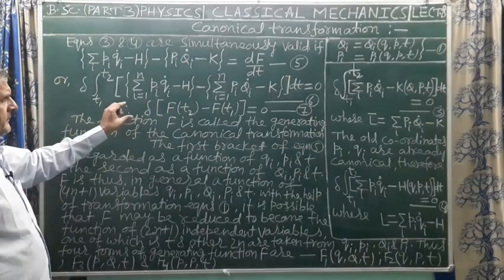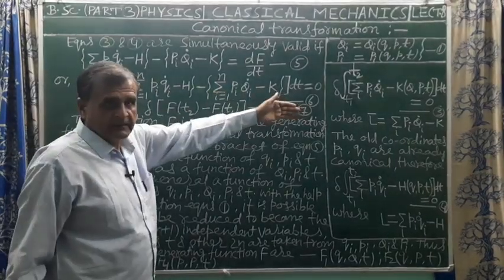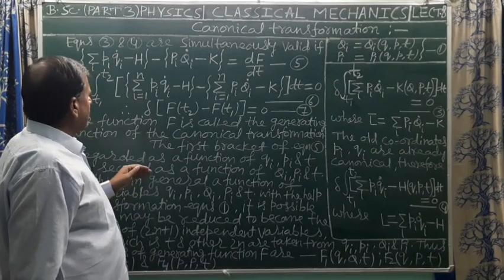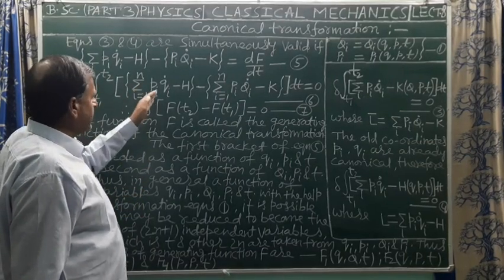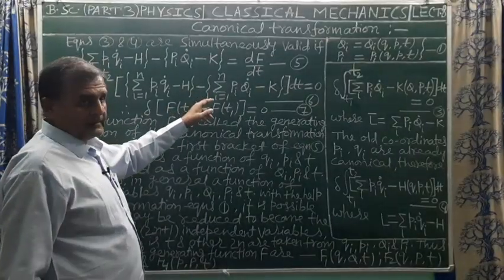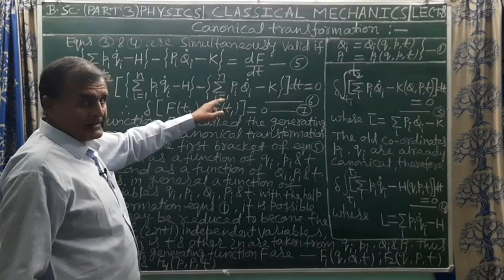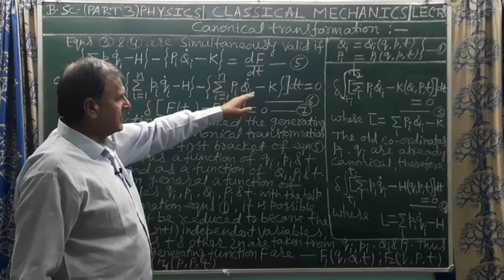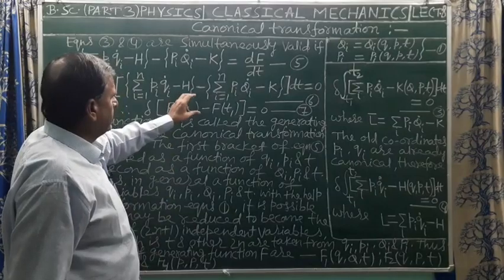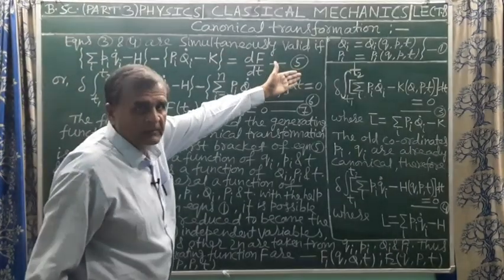And in place of the integrand of equation 6, that is sigma over i equals 1 to n, p_i q_i dot minus H, bracket closed, minus the bracket sigma over i equals 1 to n, P_i Q_i dot minus K, this difference may be written as dF upon dt using equation 5.